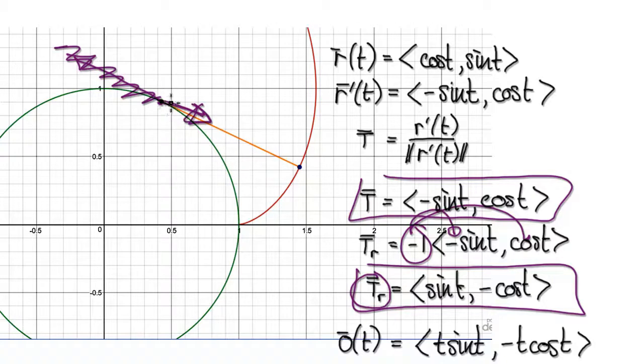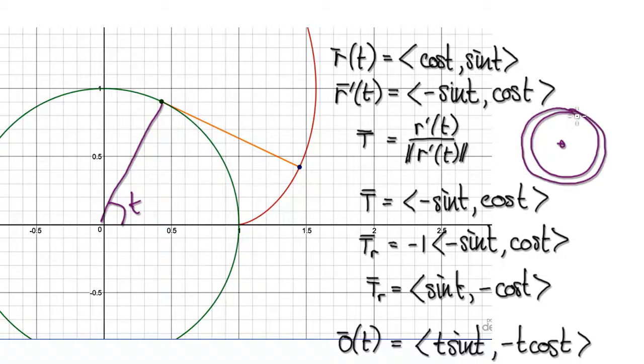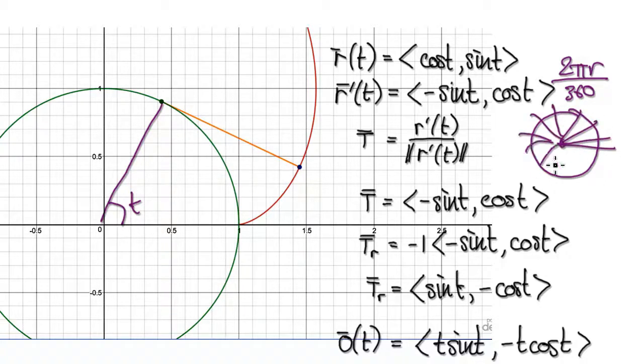Now we need to times by the length of this thing. What is the length of this thing? Well, the length of this thing is the same as the length of this thing. So remember, this is t. Let's imagine we've got a circle here. The whole thing here would be 2 pi r divided into, I know we're working in radians, but let me use degrees to illustrate my point, 360 equal pieces.